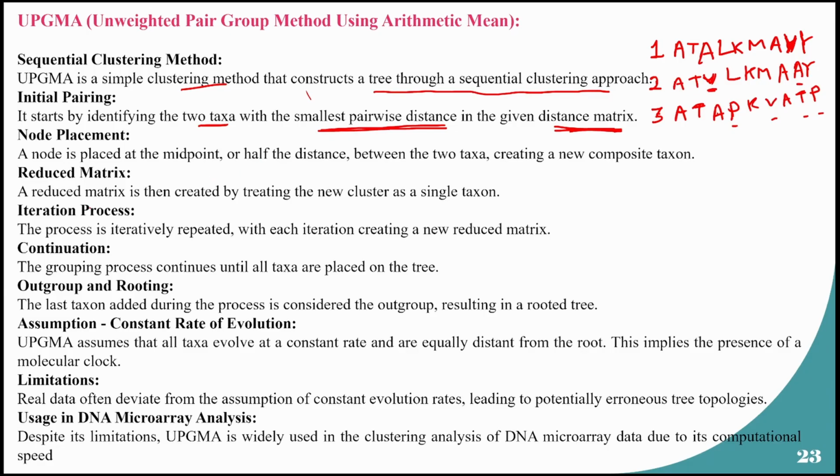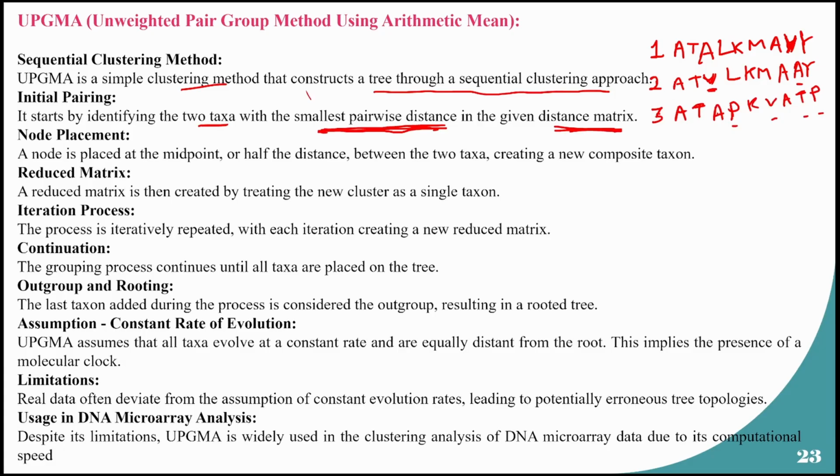Okay. Now, in this particular case, it says that firstly you have to find out the smallest pairwise distance in a given distance matrix. So again, the format will be a matrix, and between all of the different sequences that are given, you will see pairwise distances, right? So distance from sequence A to sequence B, A to C, then B to C, B to D, A to D, and so on and so forth. So all of them will be present here.